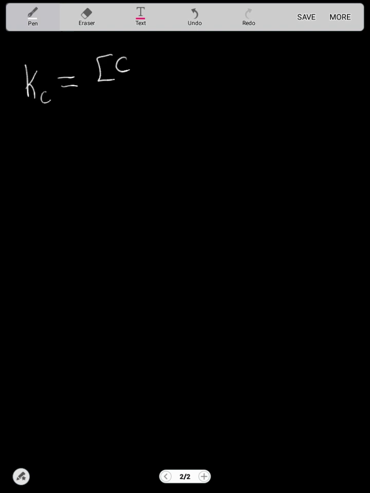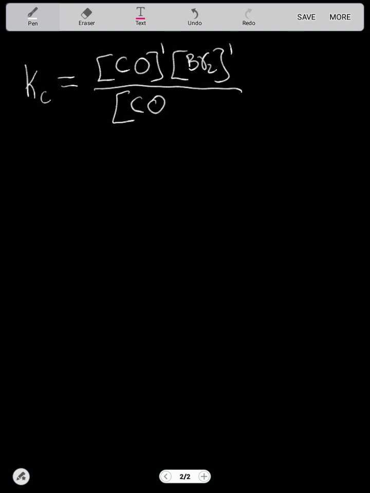It is our CO raised to the power of 1, the stoichiometric coefficient, the ratio, multiplied by the concentration of another product, which is Br2 raised to the power of 1, all over the concentration of the carbonyl bromide, which is COBr2, and is also having the stoichiometric coefficient of 1, since our ratio there was 1.